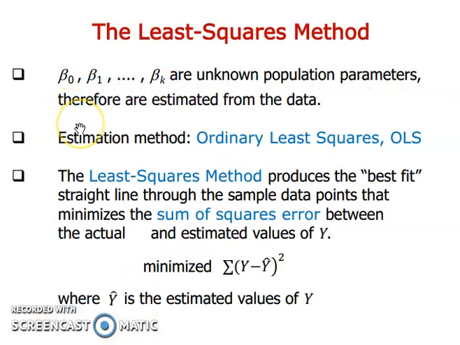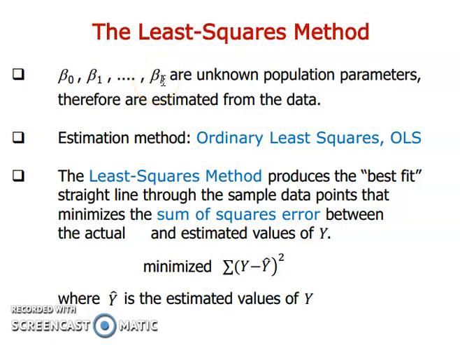In the linear regression model, the betas, beta naught, beta 1 until beta k, are the population parameters, and they are unknown. Meaning that we do not know the value of beta naught until beta k once we have the data. In the data, what we have is only the y values and also the x values.